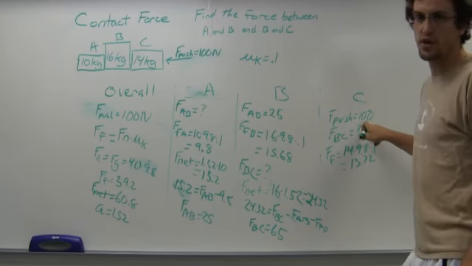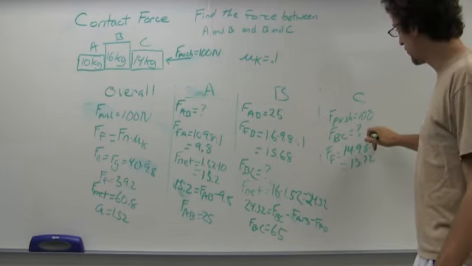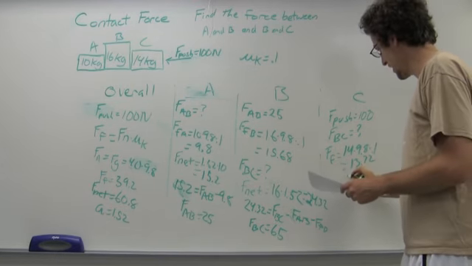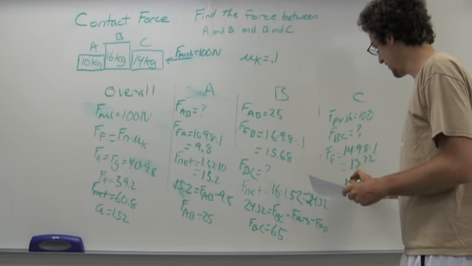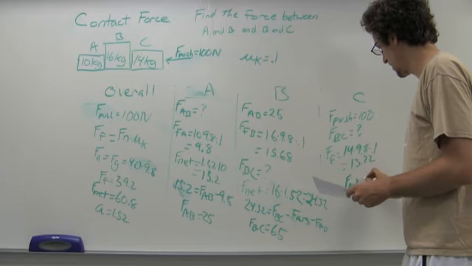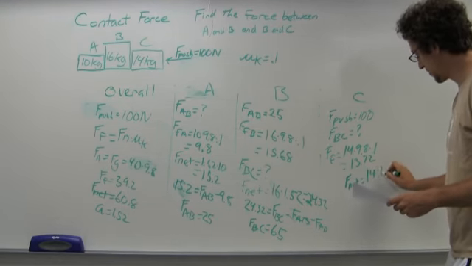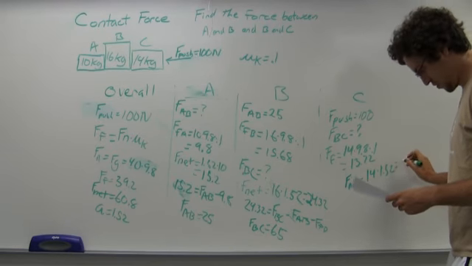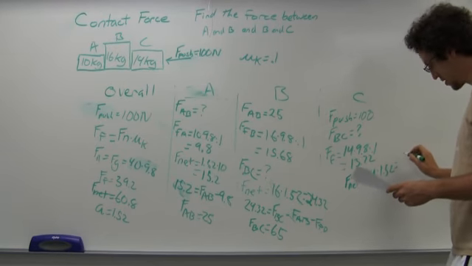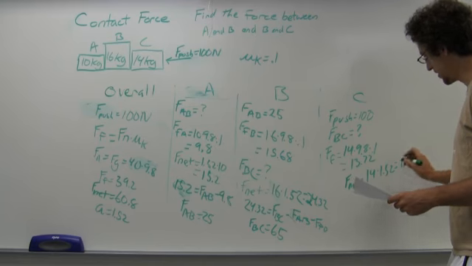Now we already know this FBC, we just found it, but let's confirm that it's correct. So we have F net equals 14 times 1.52 or 21.28.